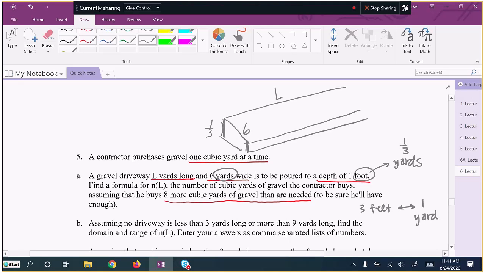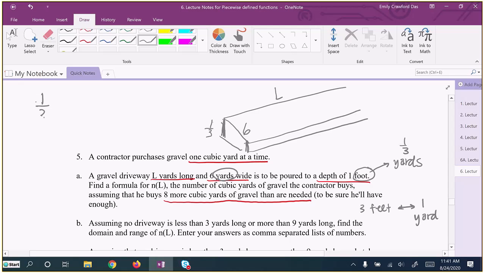So the formula here of the volume of this rectangular solid would be 1/3 times 6 times L, which is 6/3, is 2L.